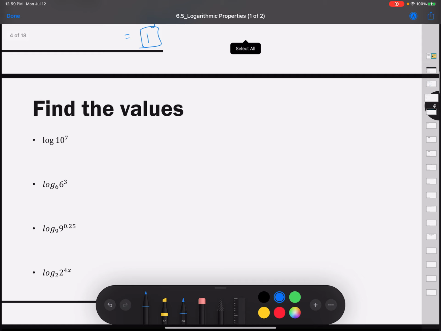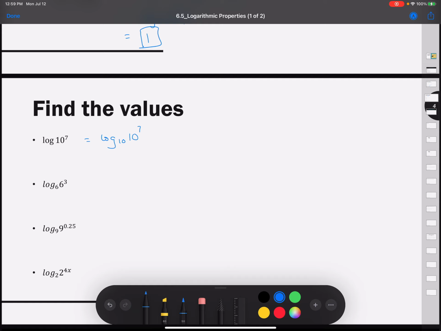Find the values. Log base 10 of 10 to the 7th. Remember, log without anything is the same thing as saying log base 10, of 10 to the 7th.